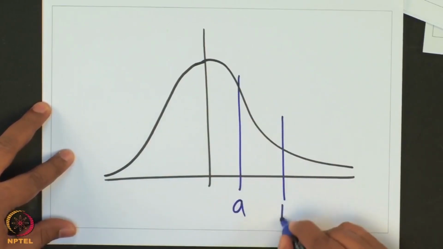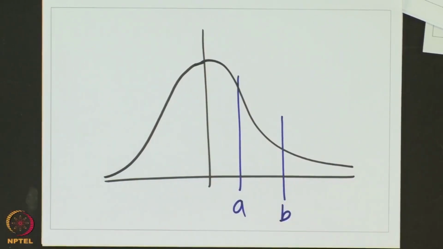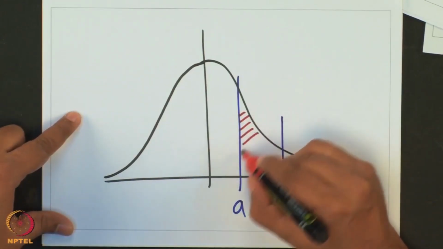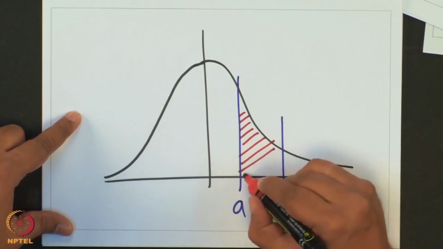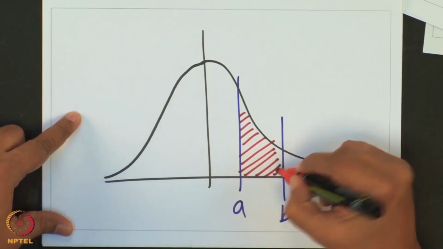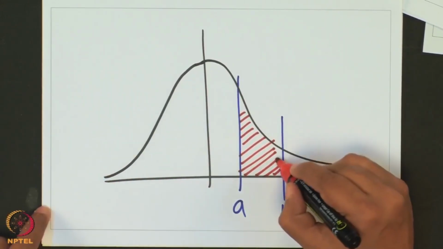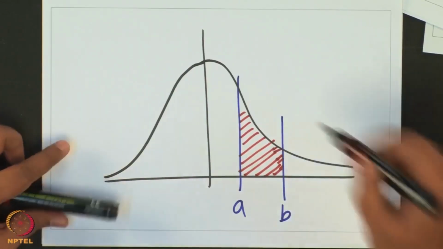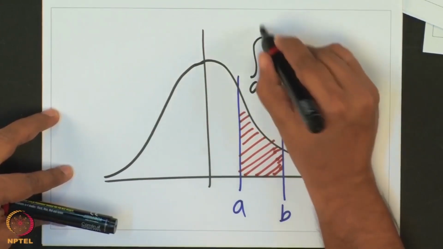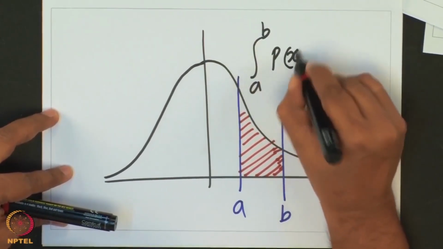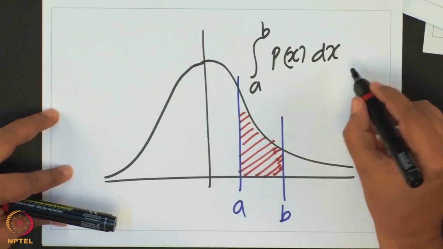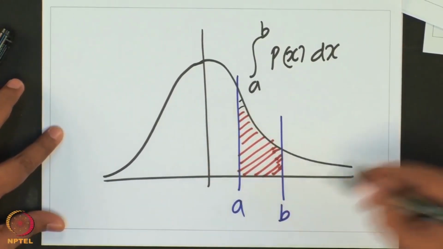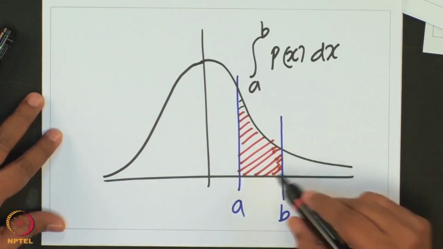So, this is A and this is B, and the area of this shaded region will mathematically be written as the integral from a to b of p of x dx. If you do this integral, which is basically the area of this shaded region, what does this mean?